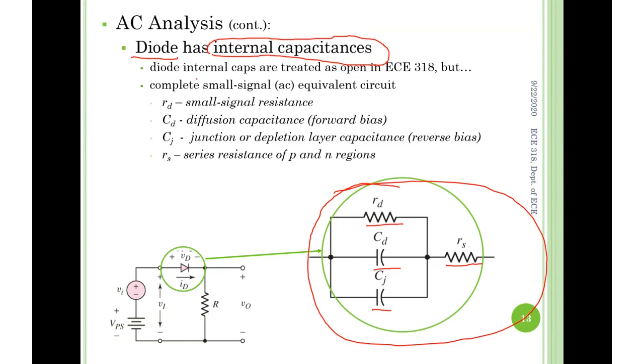And they have respectively different names. The AC small signal model RD is just one of them. You see it? RD is just one of them that we are using in this entire course. However, the complete model is much more involved.